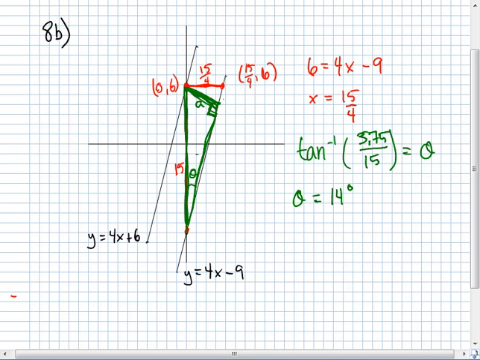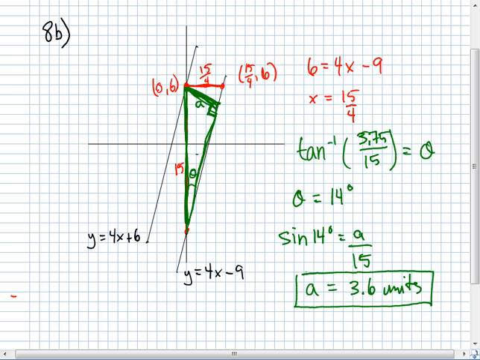I'm trying to find the opposite side, so that's going to be sine. So sine of 14 degrees is equal to A over 15, and therefore A equals 3.64. Let's just call it 3.6. Units. And there's your answer.